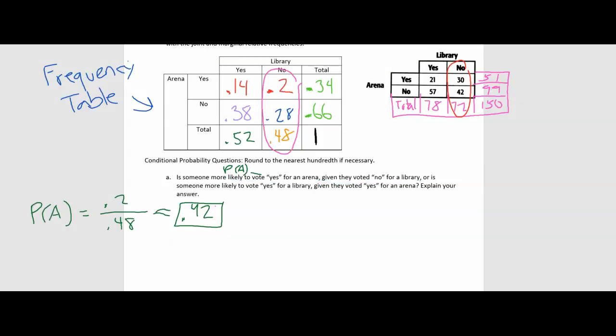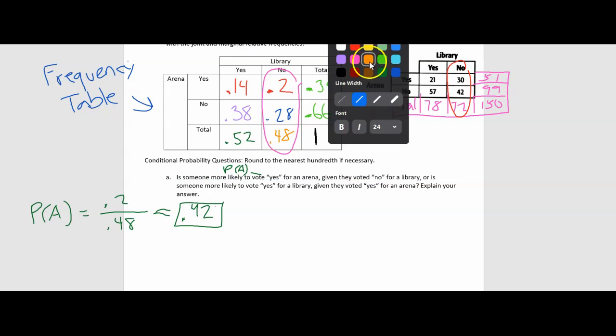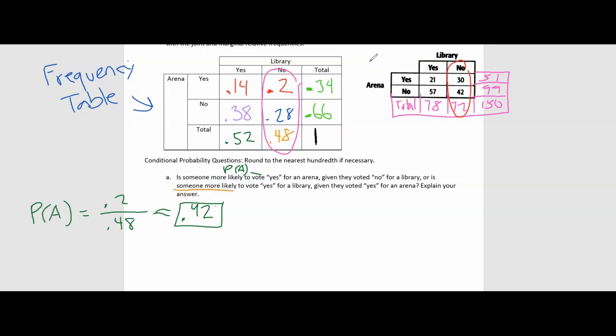Now the other probability we're looking for is, is someone more likely to vote yes for the library given they voted yes for the arena. Well, given yes for the arena means we're looking at this row, and we're looking for yes to the library.